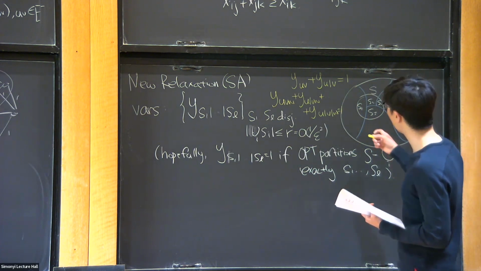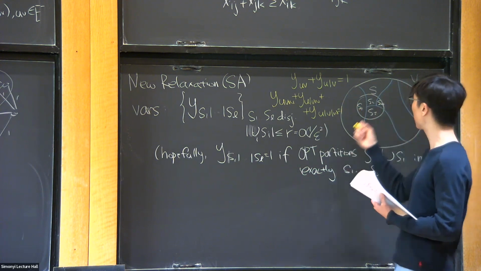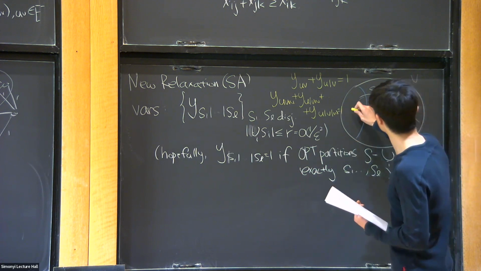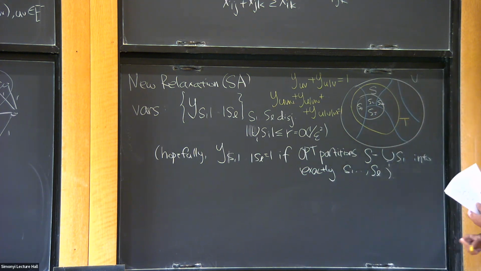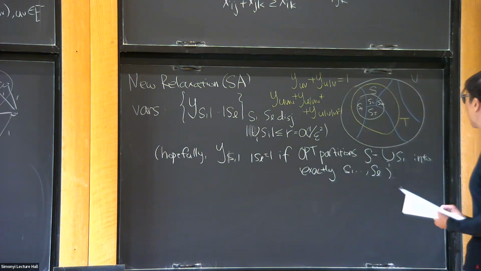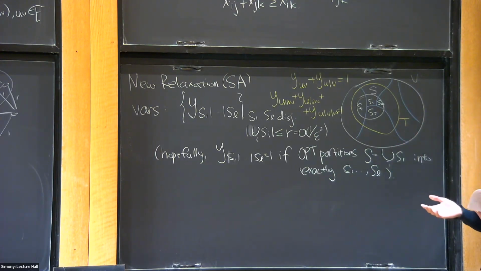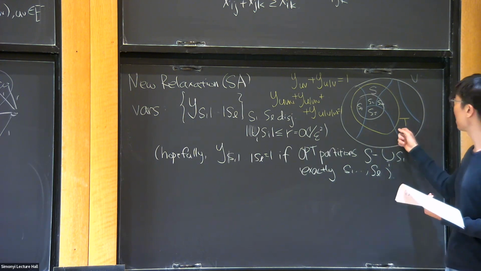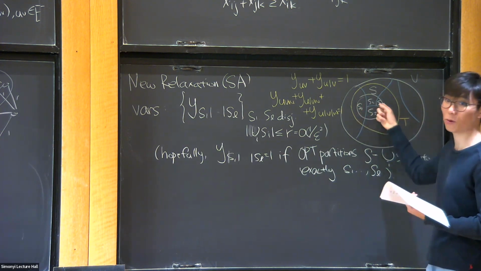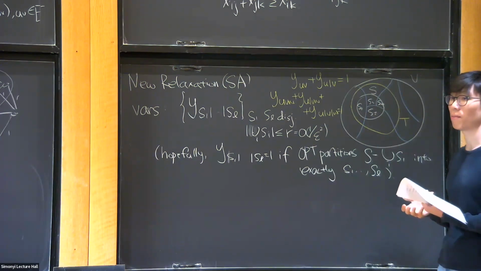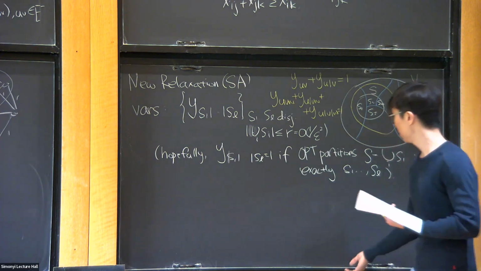Suppose that someone told me the value of y sub S1 bar, S2 bar, S3 bar, S4 bar. And I'm looking at this set T including S, and now I'm curious what's happening with T. I still don't have full information, so I don't exactly know what's going on with T. But once I know the value of y for S1, S2, S3, S4, I at least know that whatever is happening with T should be consistent with my information about S.